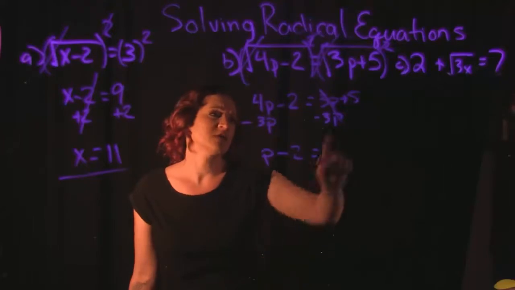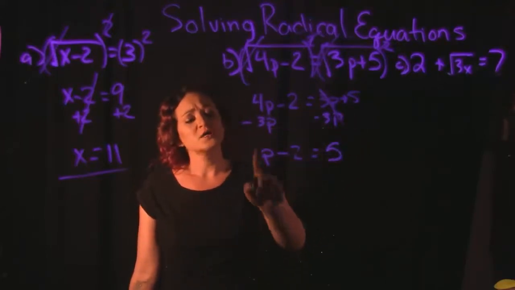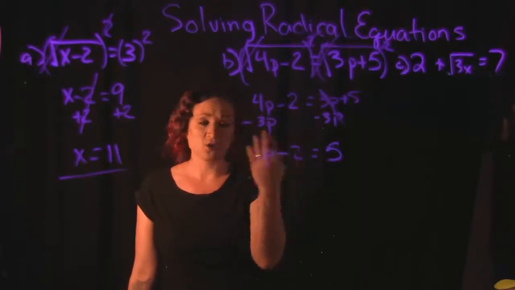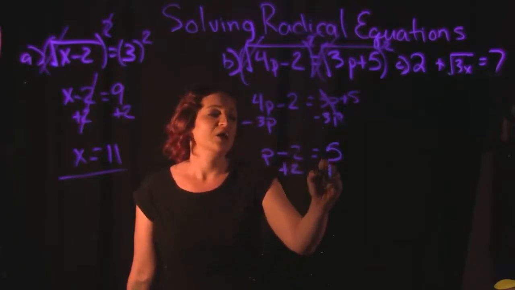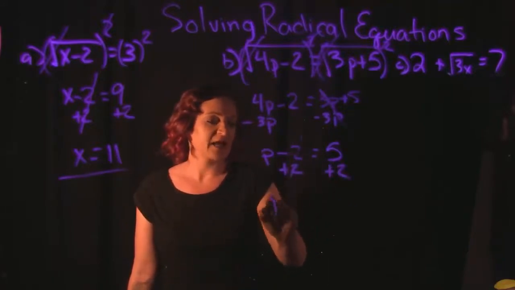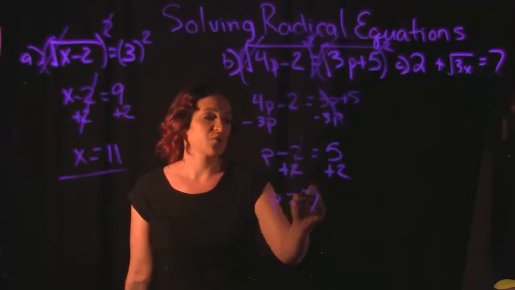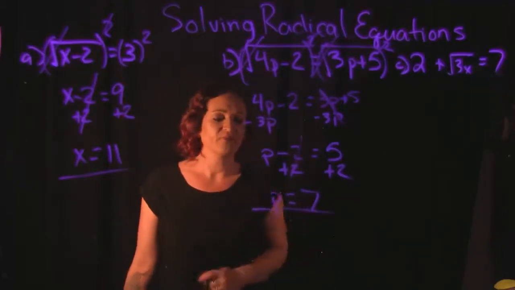That zeros out. We still have that 5 hanging out, so we can drop that down. So we have p on the left-hand side. In order to get that by itself, all we have to do is get rid of this minus 2. So we do the opposite and add 2 to both sides, making it cancel on the left, and on the right we get 5 plus 2, which gives us a 7.